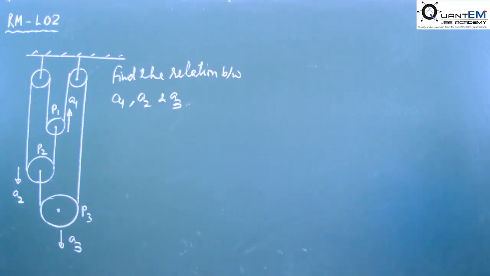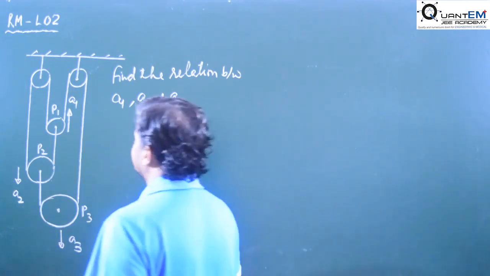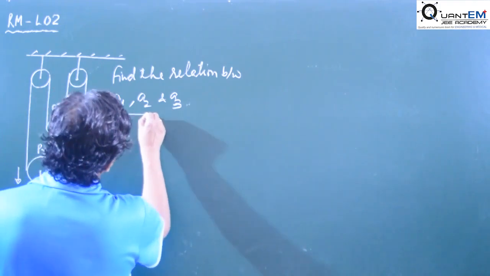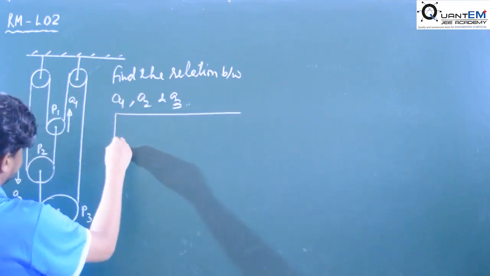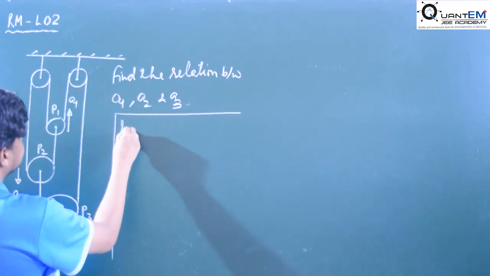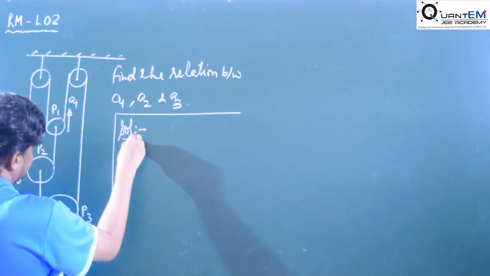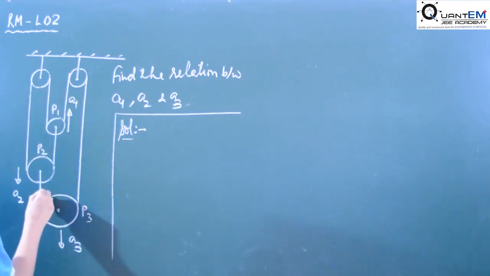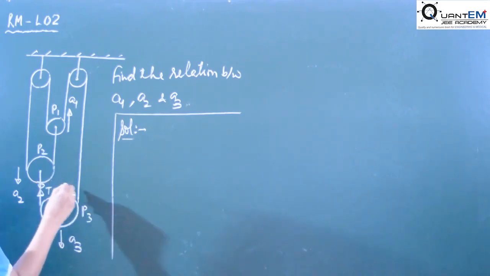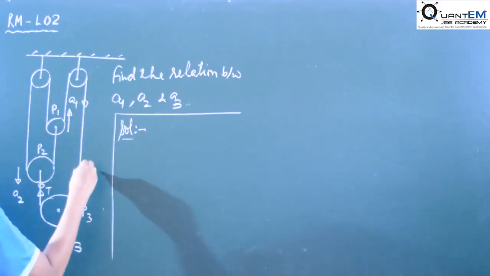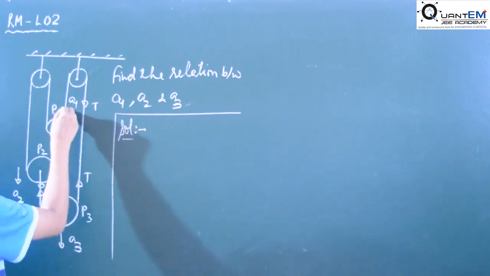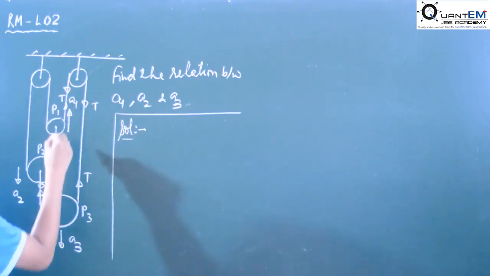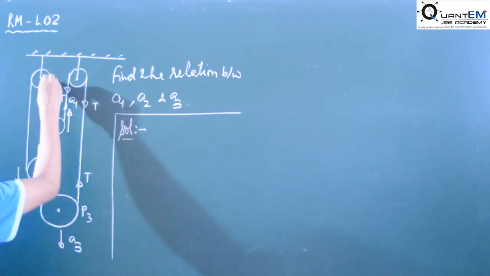Now see what should be done here. We take the pulleys separately. We come to the solution part. First pulley, see, here tension is T, T, T. We have a single string from here to here.